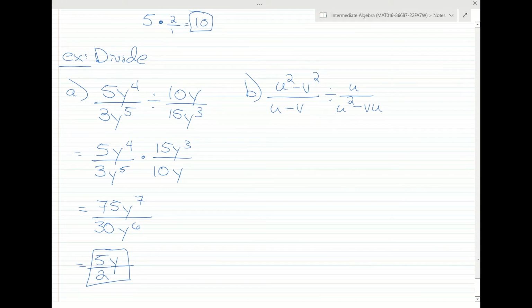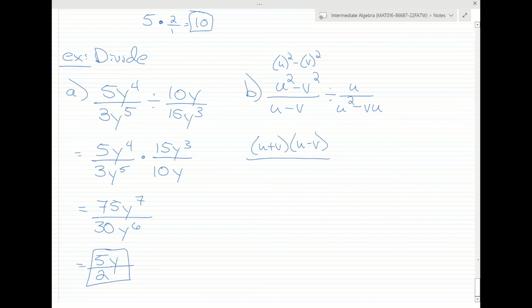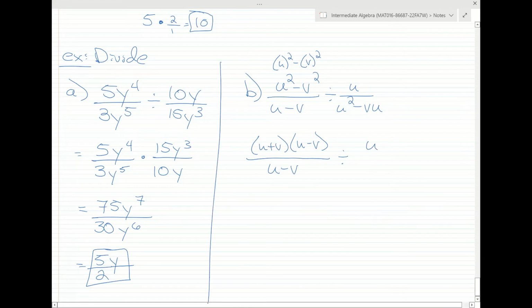Just like before, we want to make sure we factor completely. This upper left expression is a difference of perfect squares. So we're going to write u plus v times u minus v over u minus v divided by u over, we could take out a u on the bottom and we just get u minus v.